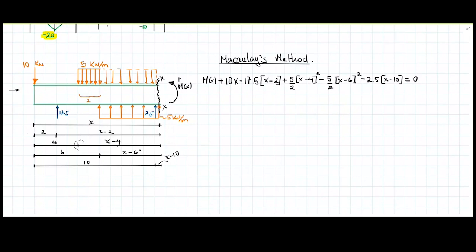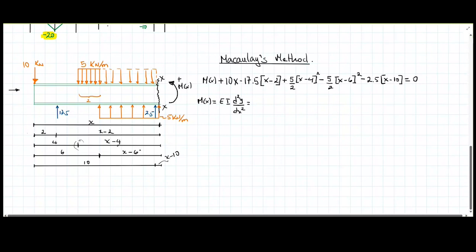Let me isolate the moment in x, because this is equal to, according to Euler-Bernoulli, this formula here. Then this is going to be the same as, well, I'm just going to invert the signs on all of the rest of the terms here.